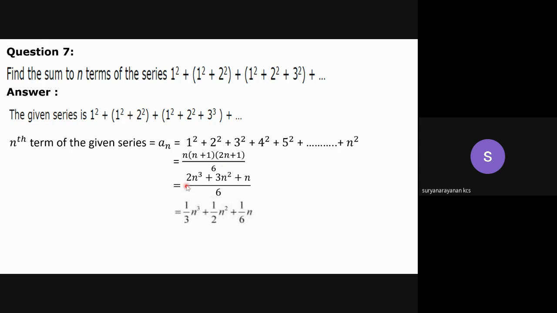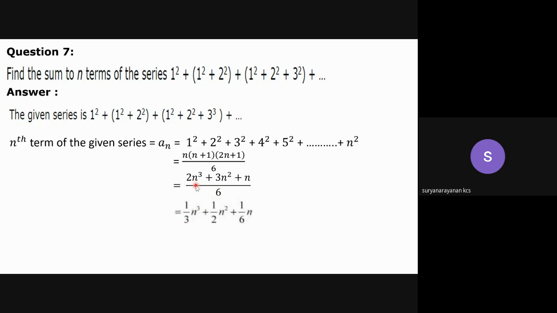That is equal to, now we multiply these three expressions. Finally, we get 2n cube plus 3n square plus n, all by 6. After multiplying these three expressions, finally we get these three terms in the numerator by 6. That is equal to, if you split this entire fraction into three fractions, what will you get here? 2n cube by 6.